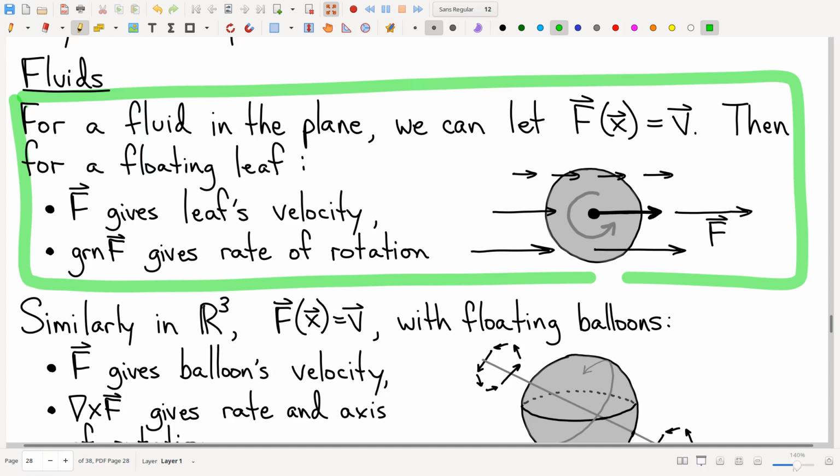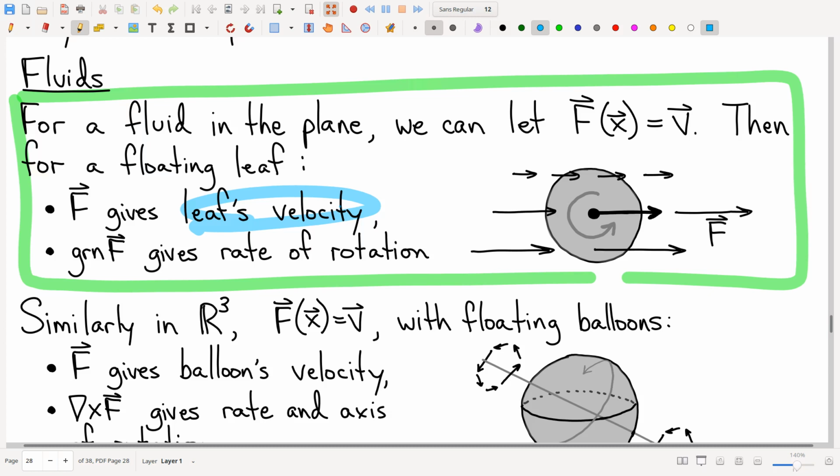But it's not just straight lines necessarily, there's some flow on the surface of the river. And then we have a leaf floating in there. And the question is, how do you figure out the leaf's velocity? Well, the leaf is going to do exactly what the water does, right? If the water is going that way, then the leaf is going that way as well.